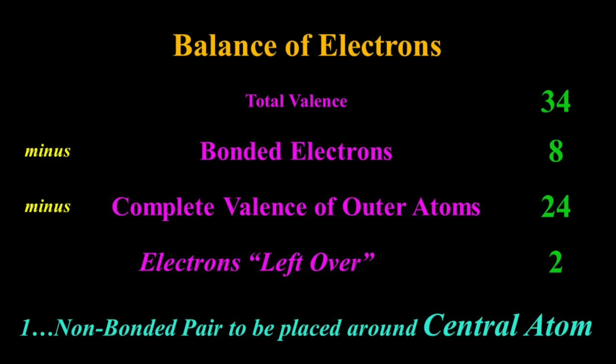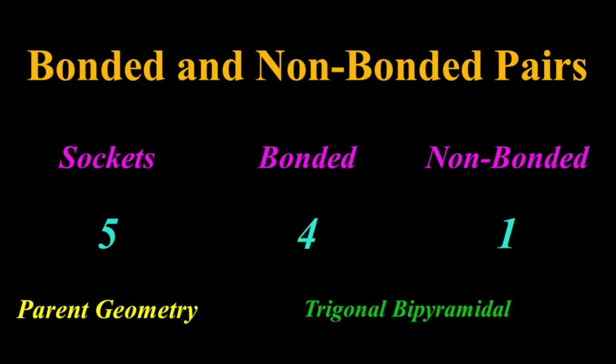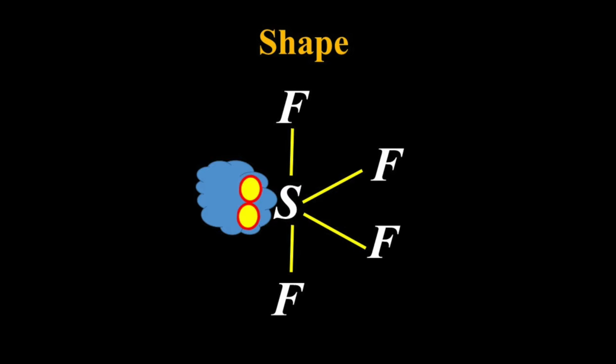So you're going to have 1 non-bonded pair to place around the central atom, and you're going to have 5 sockets. So it's going to be trigonal bipyramidal, and you're going to get this kind of funky shape that you're going to look up on your sheet.